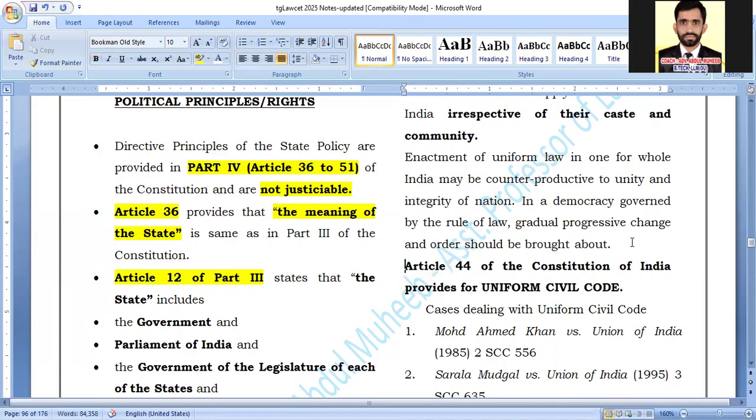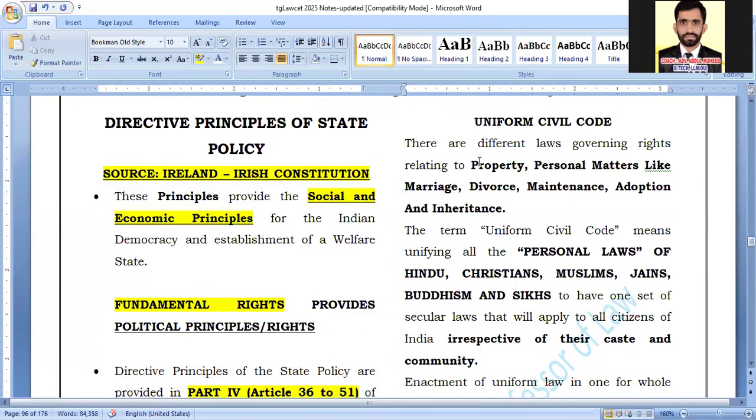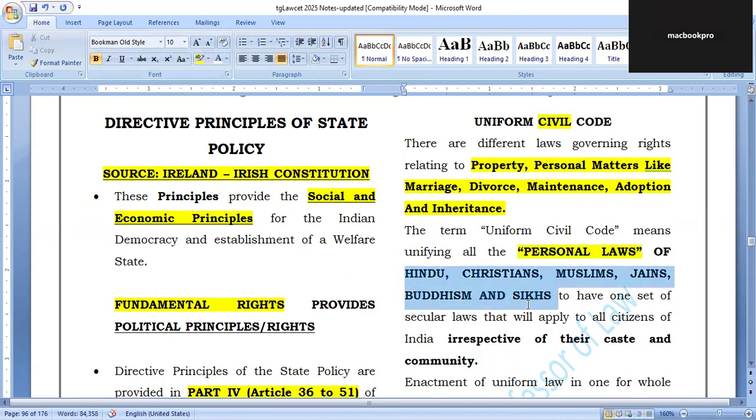So what is the uniform civil code? When you talk about civil law, what comes in? Property, personal matters, divorce, and all these come under civil laws. And civil law means we are talking about personal laws of all religions, whether Hindus, Christians, or whatever the religion, they should be one.